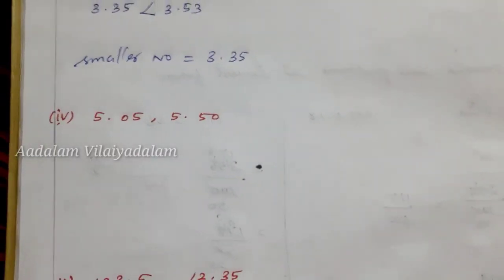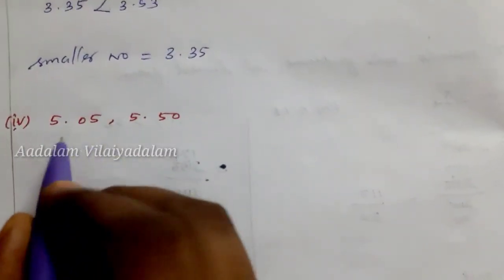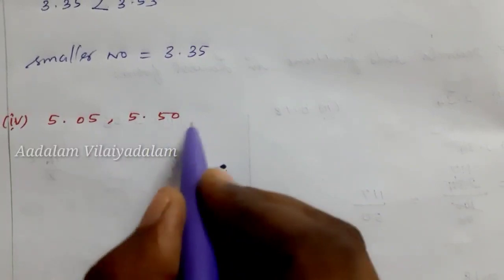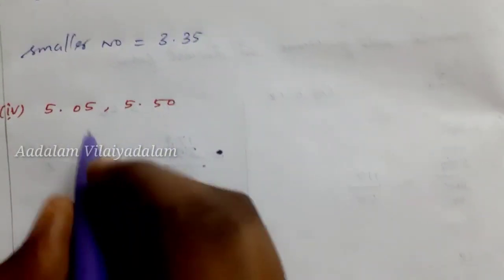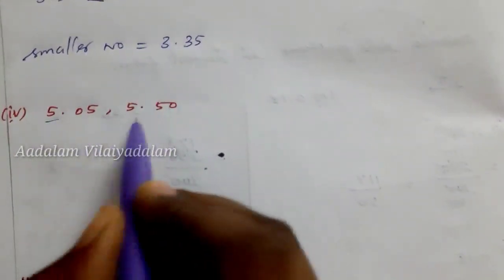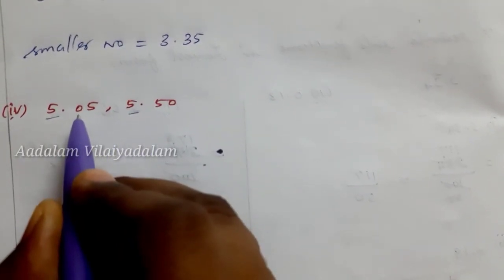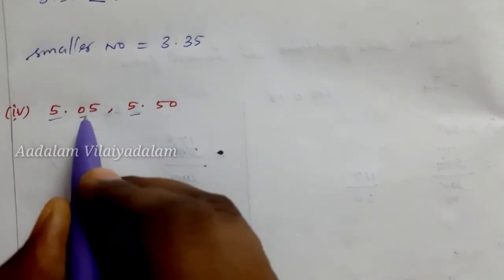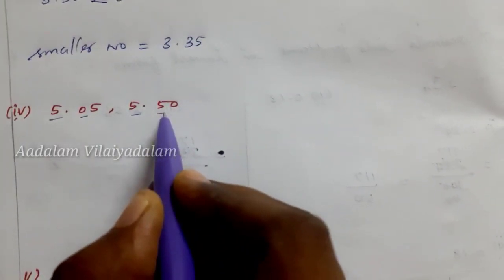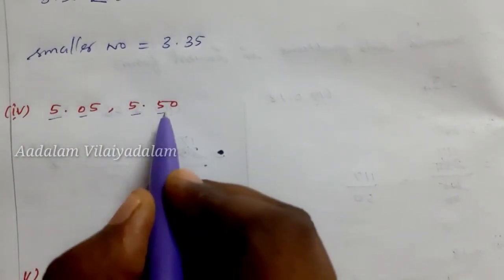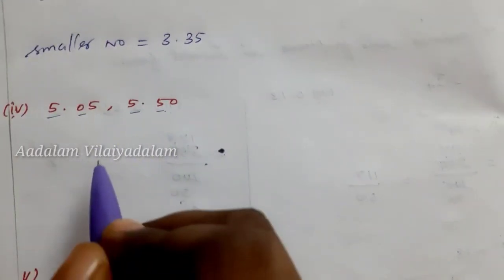Now let's move to the fourth subdivision. 5.05 and 5.50. Compare these two numbers. Here the whole part is the same. Look at the decimal part of the first one. Here 0 is here, here 5 is here. Comparing 0 and 5, we can easily say which is the smallest one.